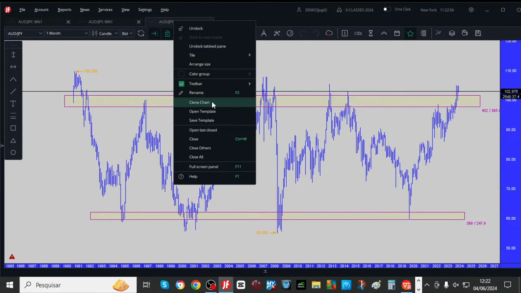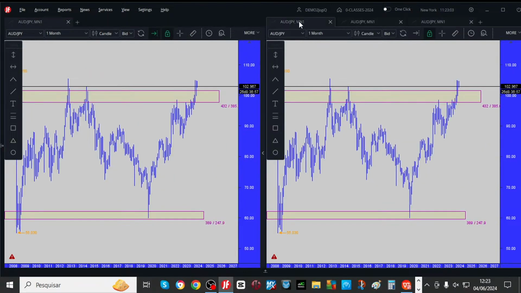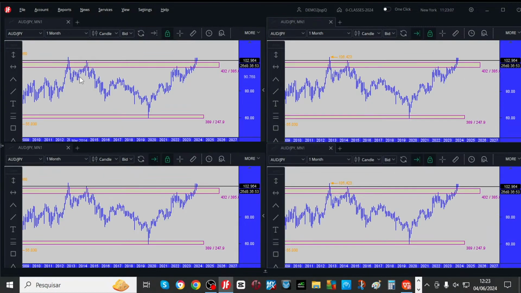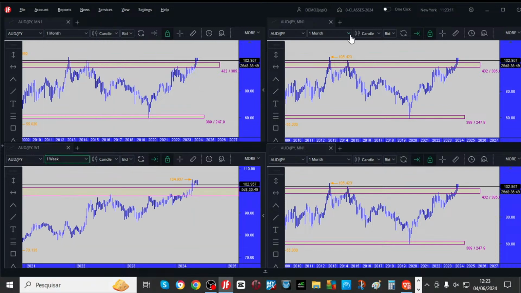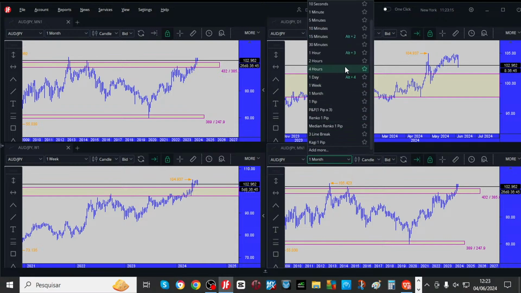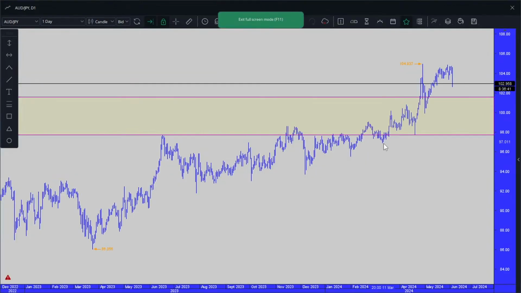If not, I need to redo everything. Clone chart. Monthly, weekly, daily, and the 4-hour. Okay, everybody?